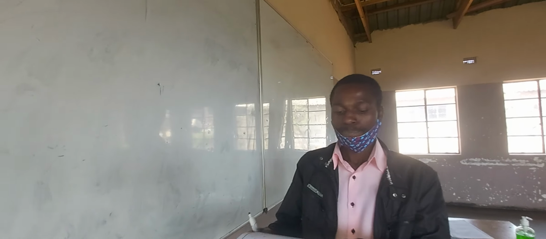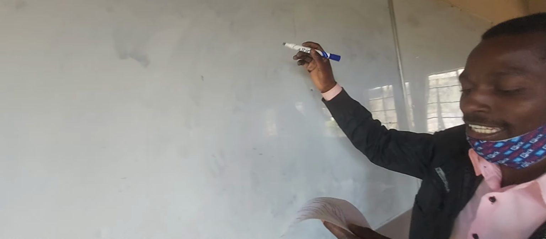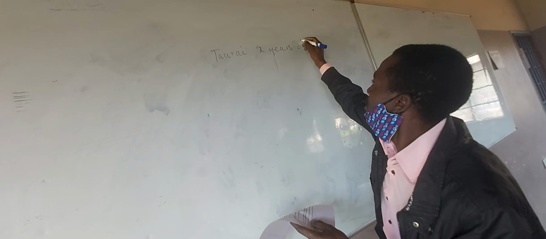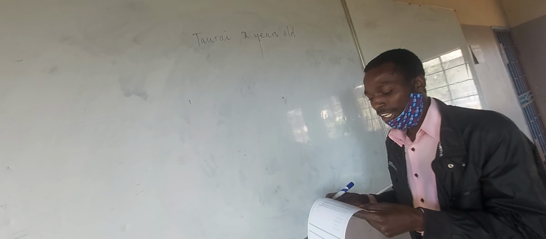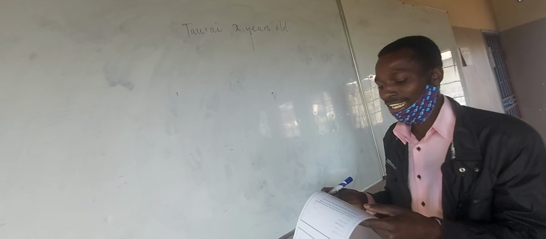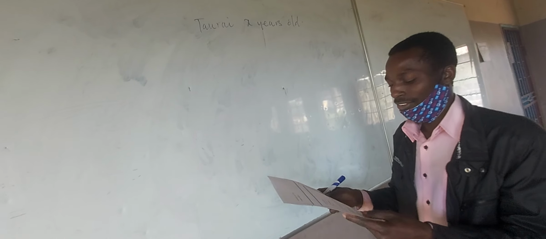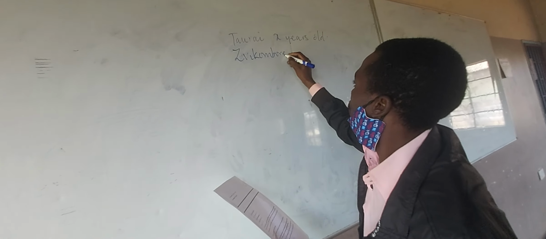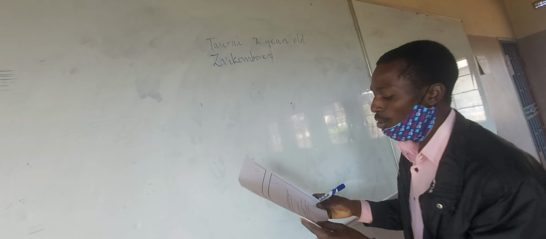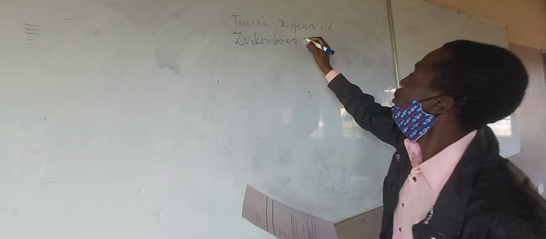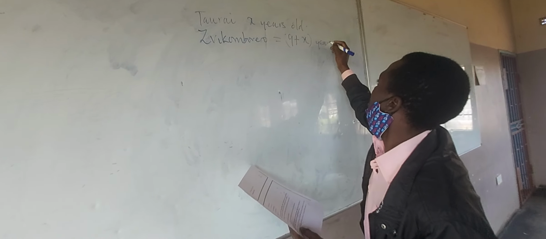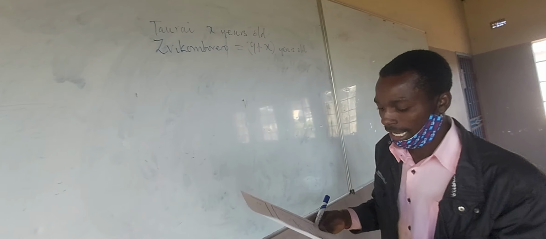Question number 4. Taurai is X years old. We've got Taurai here, who is X years old. Rikomborero, her brother, is 9 years older than her, meaning to say Rikomborero is 9 plus X years old, right?